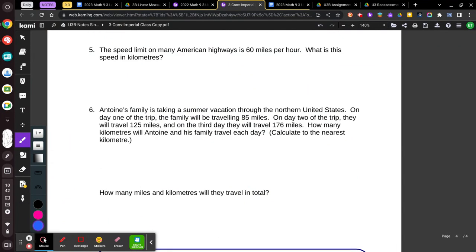It says the speed limit on many American highways is 60 miles per hour. What is that speed limit in kilometers? So I want 60 miles is how many kilometers. Mile to kilometer, I am going to multiply by 1.61.